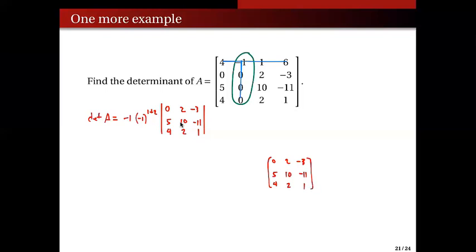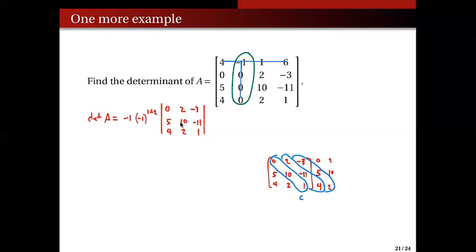And then we augment the first two columns. So you have 0, 5, 4, and 2, 10, 2. And then going down, we have this diagonal here, this diagonal here, and then this diagonal in here.